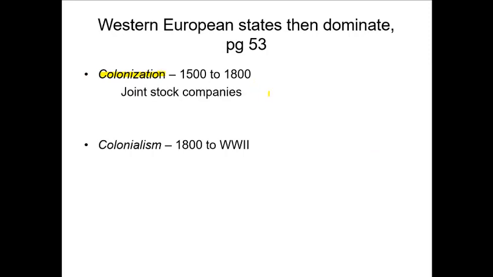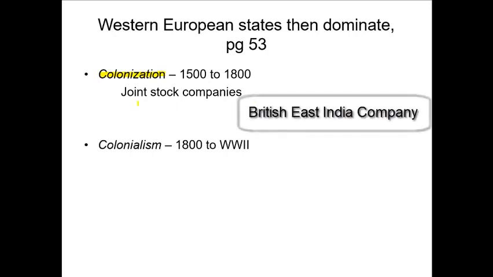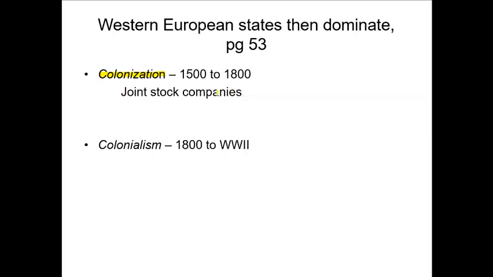And this is where these states would form or delegate these joint stock companies, which is the forerunner to our modern corporations, such as the Dutch East Indies Company that dominated the Indonesia region and all those islands out there for all the resources, and the British East Indies Company, which literally ran the productive effort out of the early colonies of the United States, as well as controlled India for a long time.